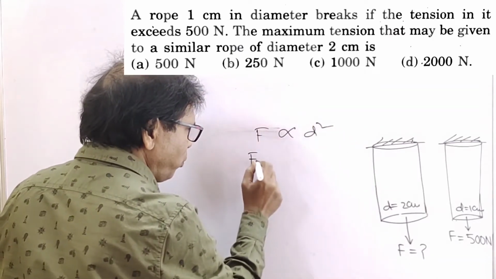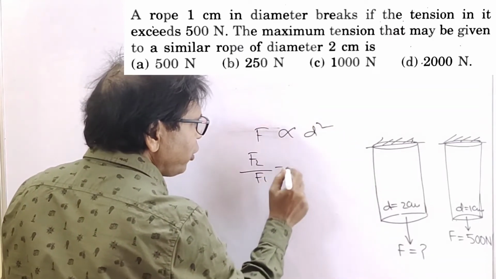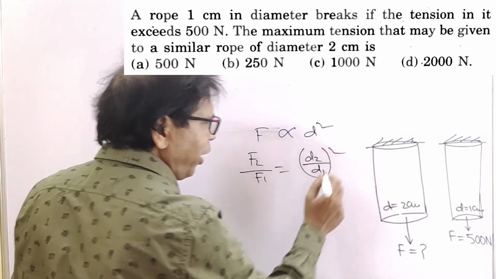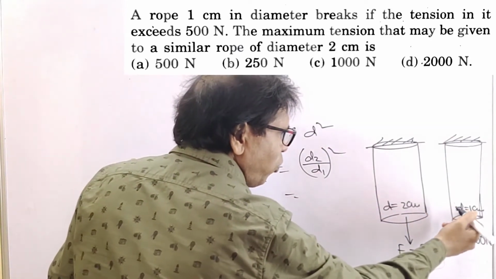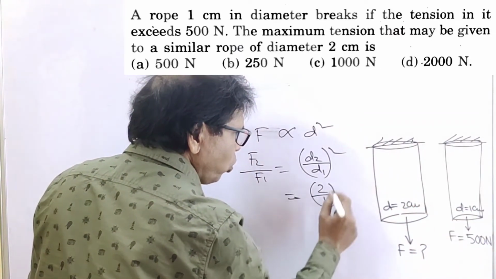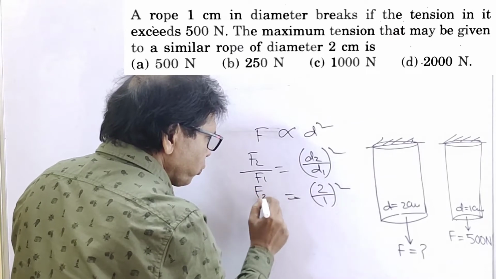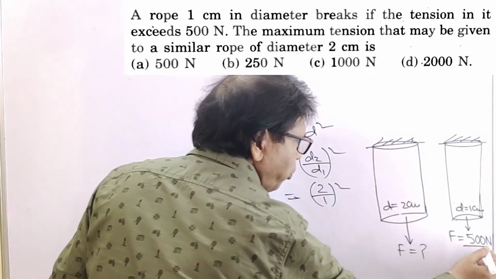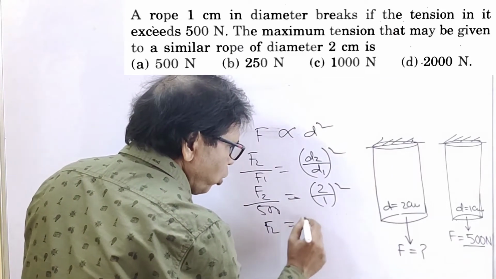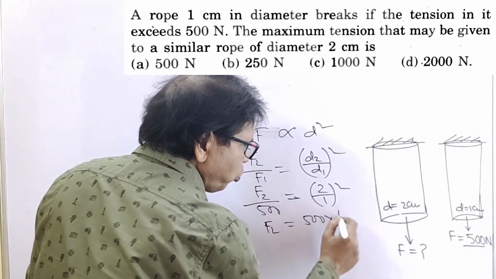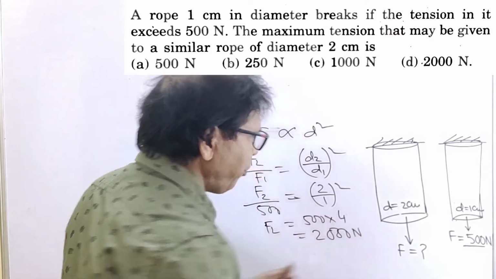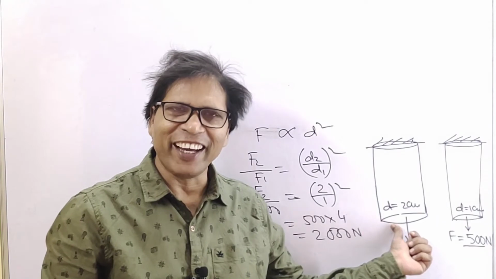Therefore F2 by F1 is D2 by D1 whole square, which is 2 by 1 whole square, and F1 is 500. Therefore F2 equals 500 into 4, that is 2000 Newton is the breaking force for this wire.